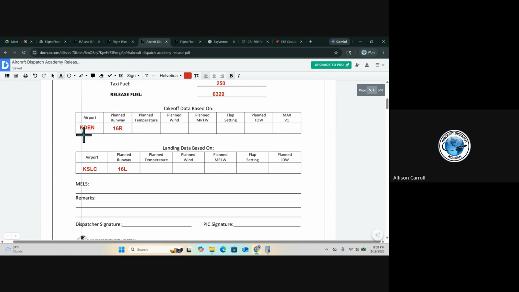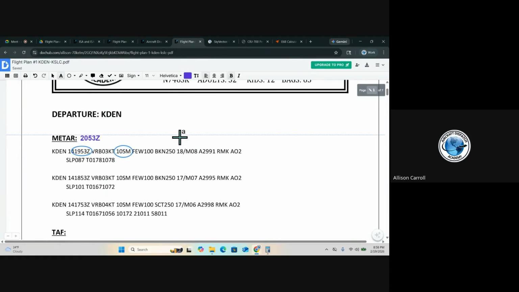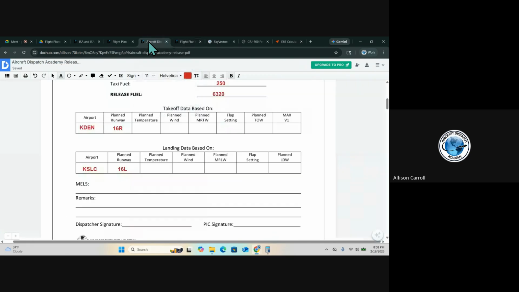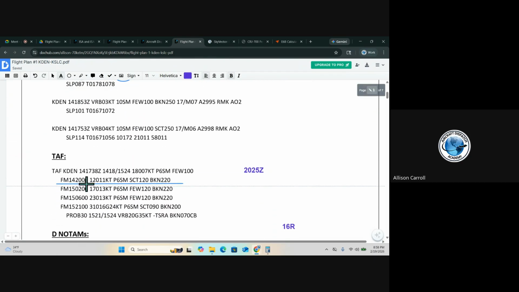All right. Okay, Denver, 16 right. Our planned temperature for Denver. What was it? 18 degrees? Yep, 18 degrees Celsius right here, that most current METAR. Planned wind. Well, from our METAR, variable at 3 knots. Now, if you happen to put the 120 at 11 knots, that's totally fine too, right?